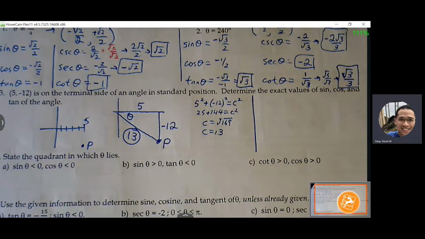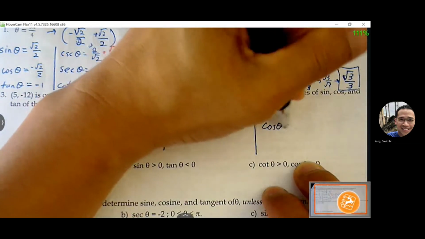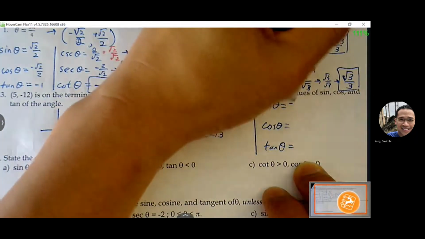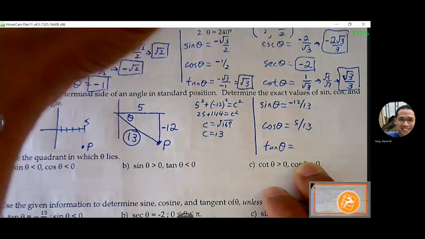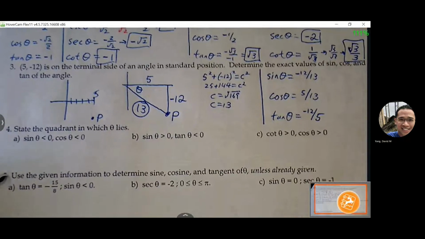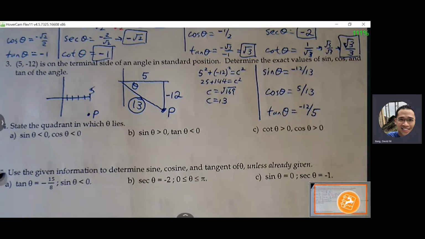So now that you have everything in front of you, you can find the ratio for sine, cosine, and tangent. Any questions with 3?